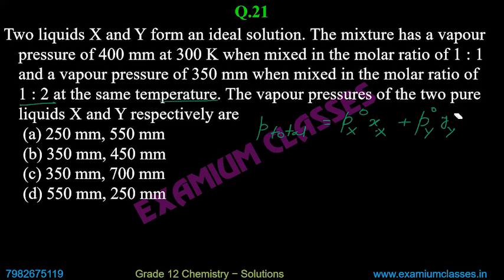Here you don't need to put anything more. Now it is 1:1 ratio. It means these two mole fractions you can calculate easily, will be 0.5, 0.5.